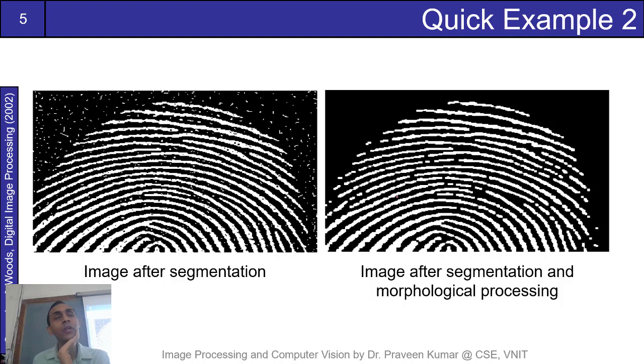Before you can actually do fingerprint recognition, matching these fingerprints, you would ideally like to get rid of this noise. We'll see a very elegant way of doing this, which is using morphological processing. We can get from this image to this image very easily.